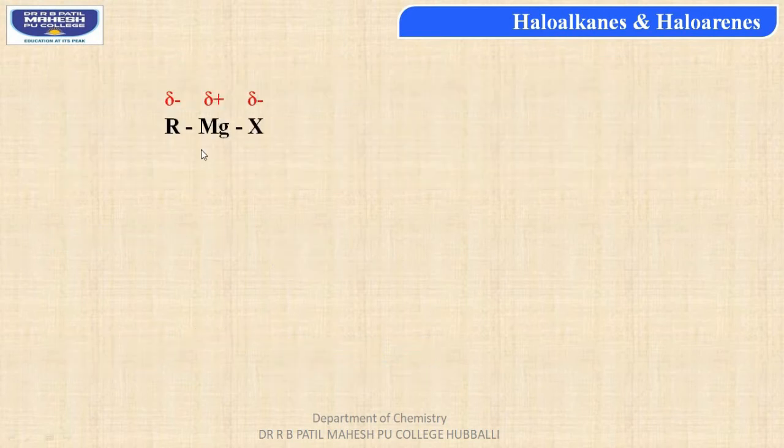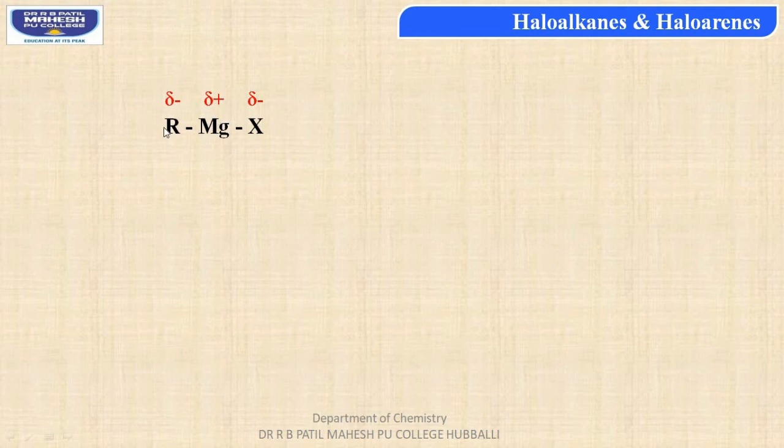Next, students, if we consider the alkyl group, magnesium and halogen, as you know halogen is electronegative, so it gets a partial negative charge, that is delta minus.